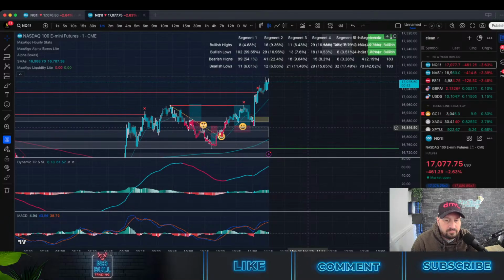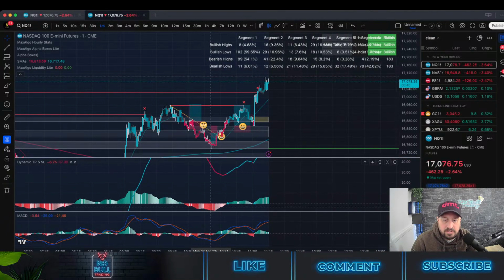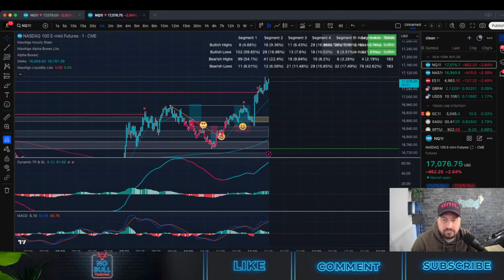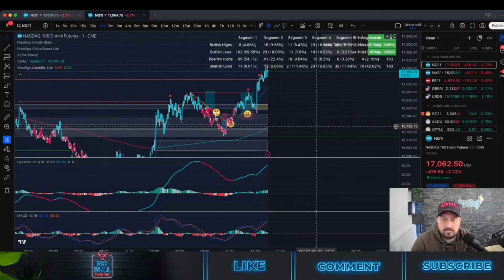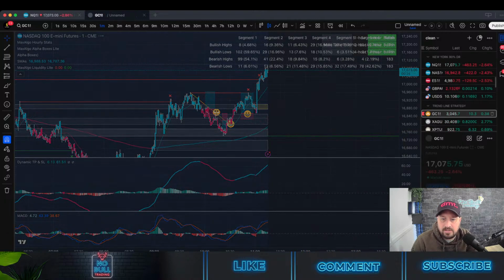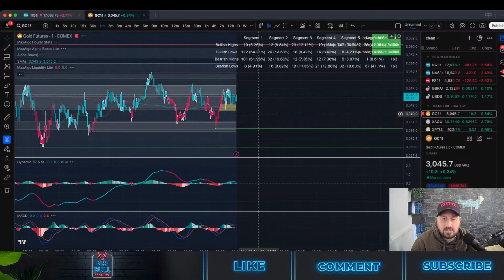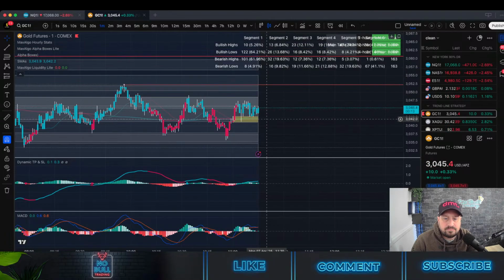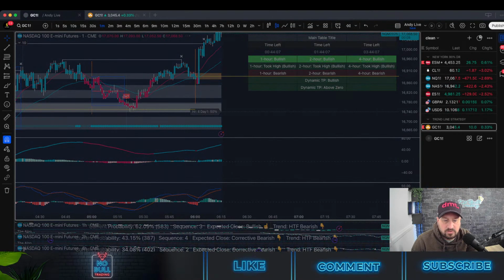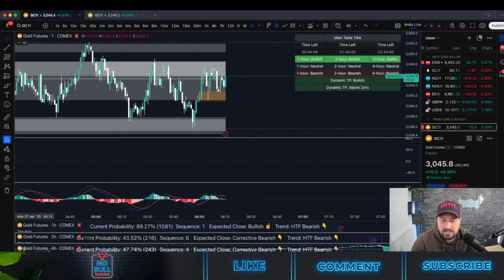Volatility and volume still very bullish. You can see momentum is still increasing. I like gold. Feel like we're squeezing and potentially we might just pop this now. Remember, our algo is bullish on gold. 89% probability of being bullish.